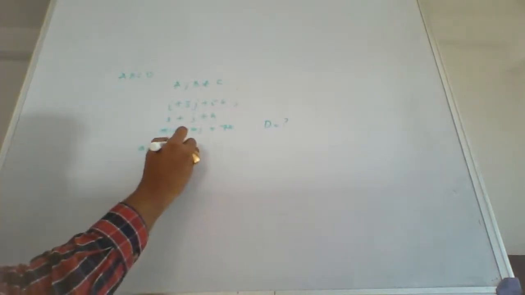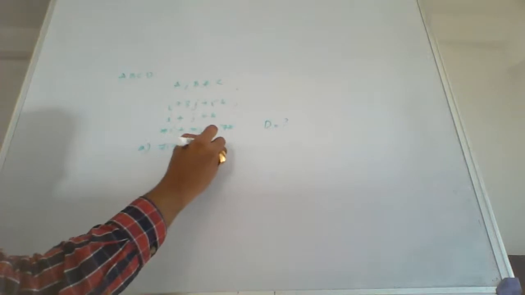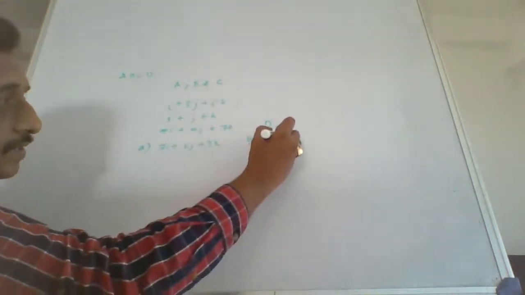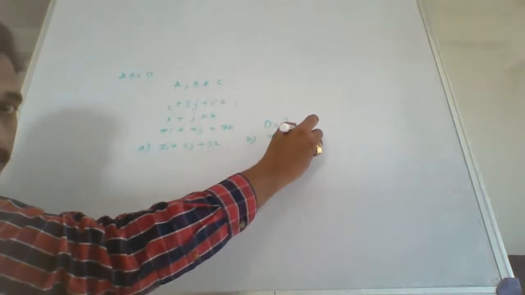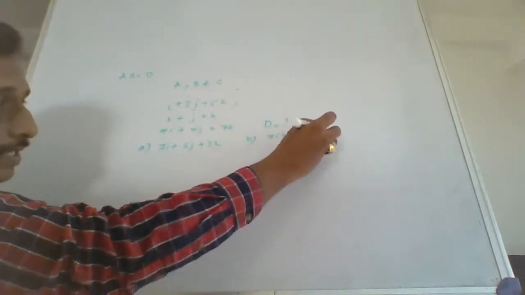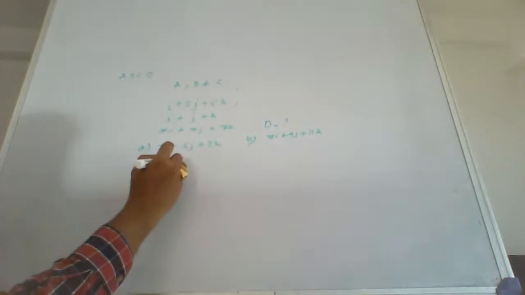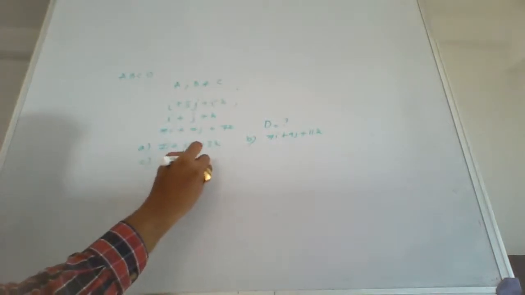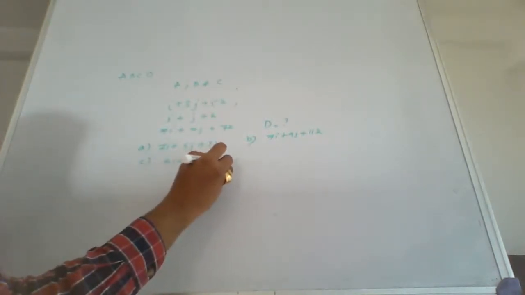The choices which have been given are A, which is 7i plus 5j plus 3k. B, which is 7i plus 9j plus 11k. C, which is 9i plus 11j plus 13k.